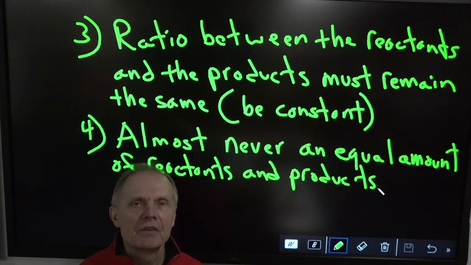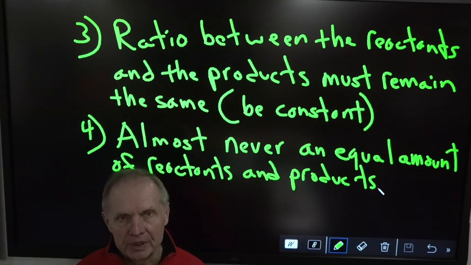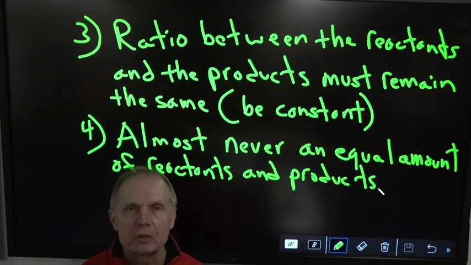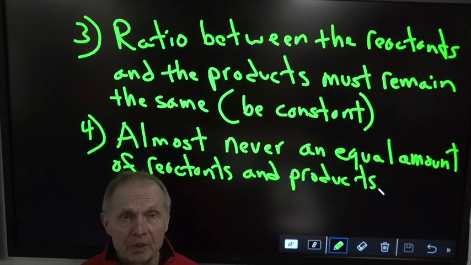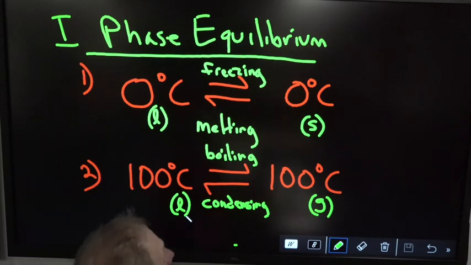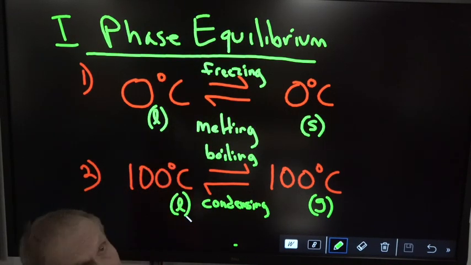All right. Now, there are three types of equilibria. Okay? Equilibria is the plural for equilibrium. There are 3 types, and the first type we're going to go over is called phase equilibrium. So here are 2 examples of phase equilibrium.